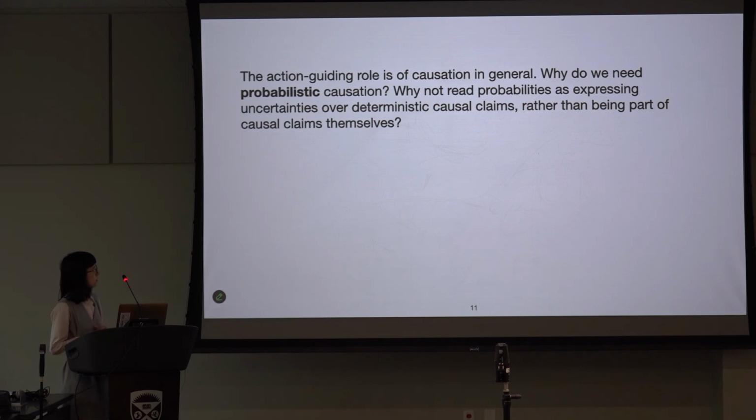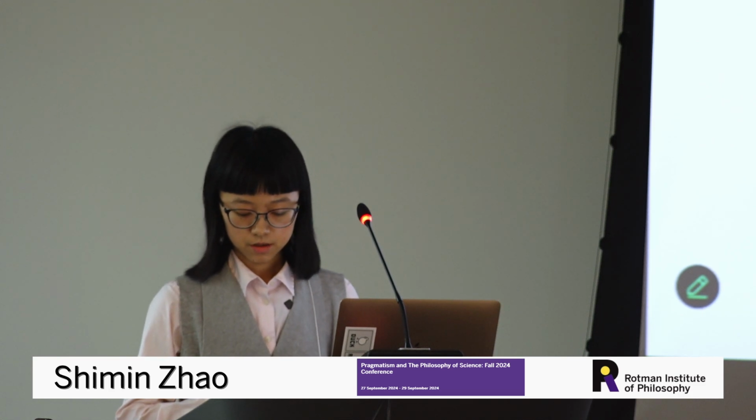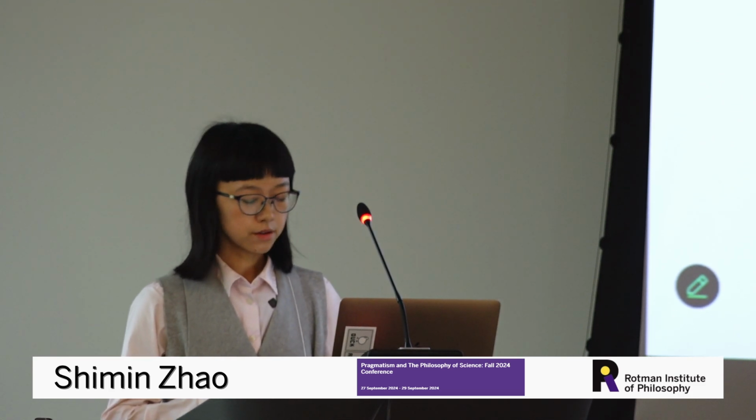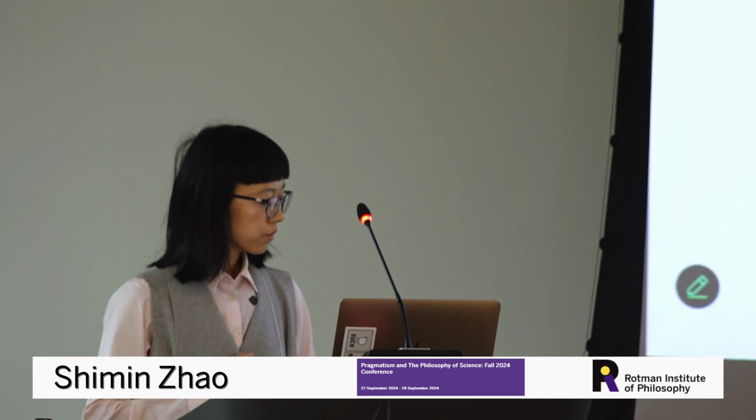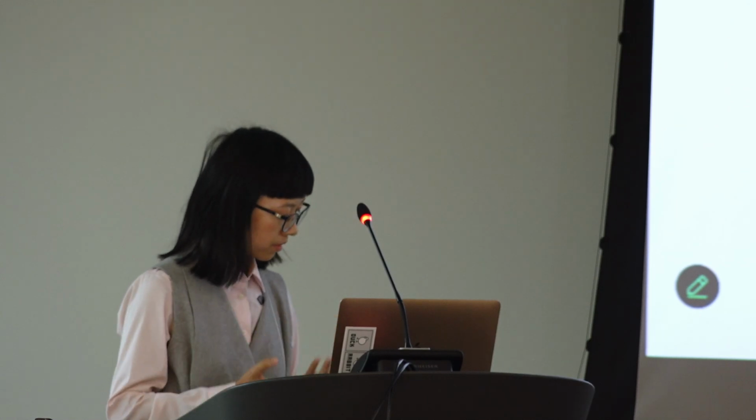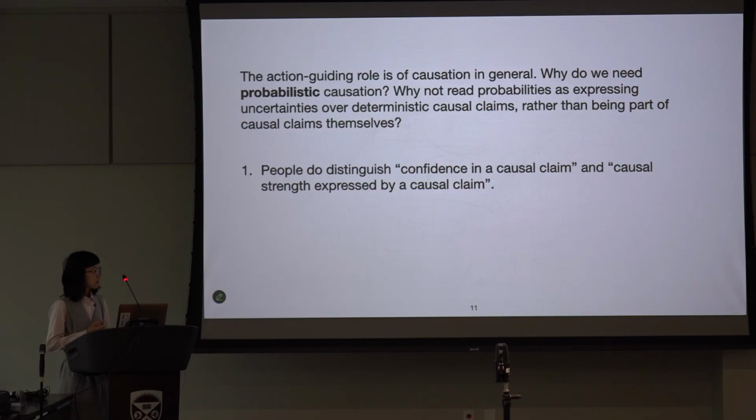So why do we need probabilistic causation? Why not just read probabilities as uncertainties rather than as being part of the causal claims themselves? Now, I give two responses. The first one is pretty brief. As we learn from our own experience and from psychological research, people do distinguish between confidence in a causal claim and causal strength expressed by a causal claim.